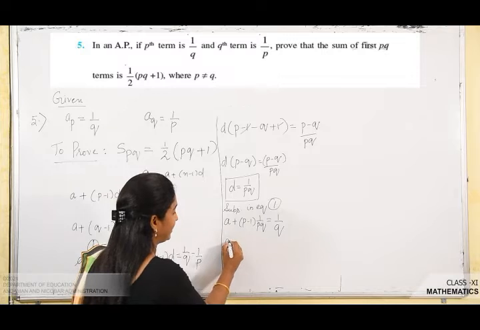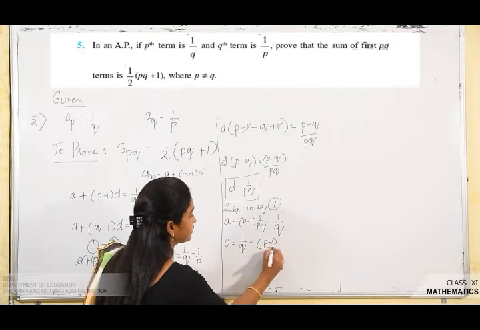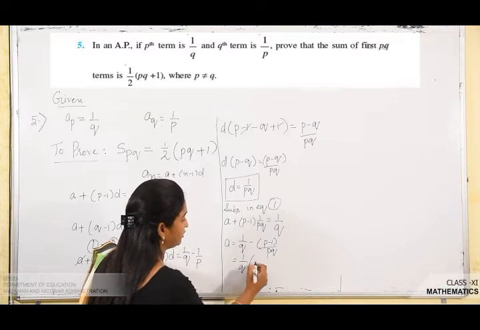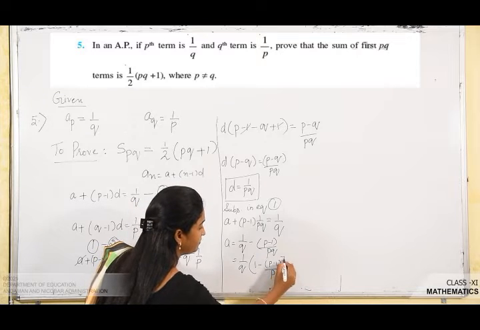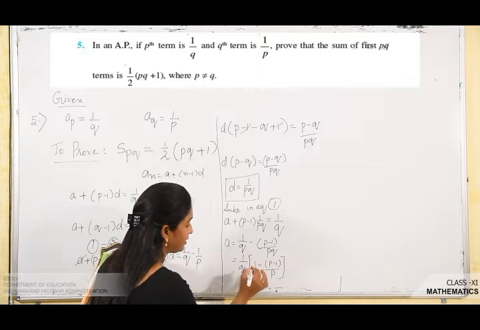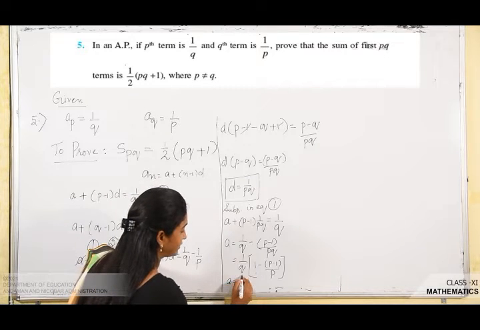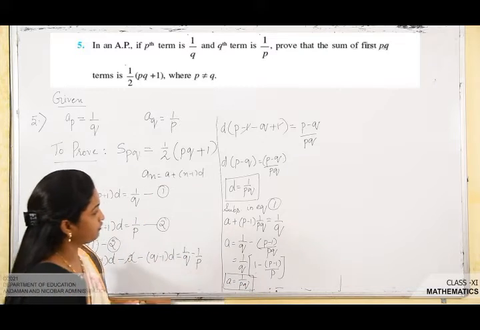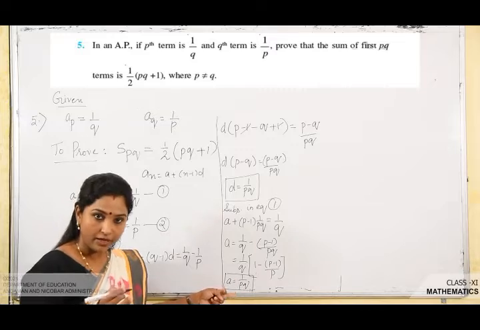Simplify: a will be equal to 1 by q minus (p minus 1) by pq. Take 1 by q common and you get 1 minus (p minus 1) by p. After simplification, you will observe that the value of a is 1 by pq. So you got the value of d as 1 by pq and also a as 1 by pq.